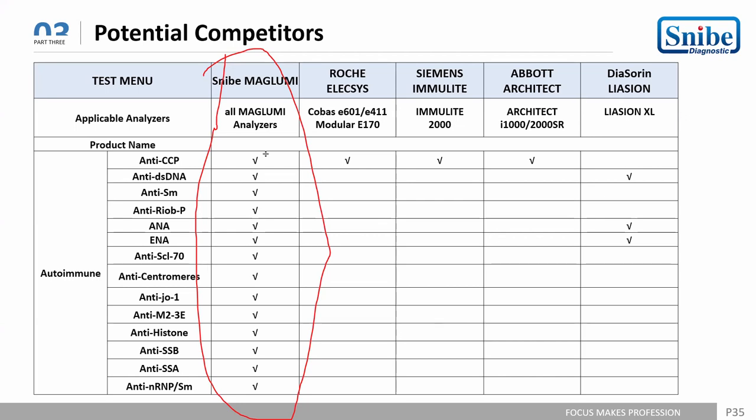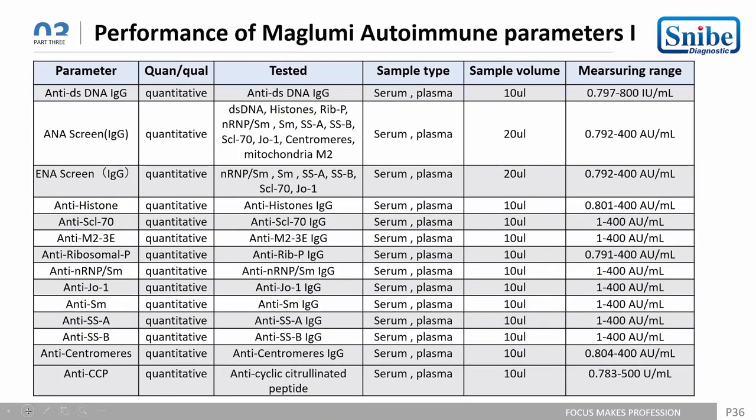Okay, so we are at a leading position in the immunodiagnostics menu for autoimmune disease diagnosis. Let's talk about the Maglumi autoimmune disease parameters, like double-stranded DNA and ENA screening test for IgG. The good thing is that all these assays are quantitative.